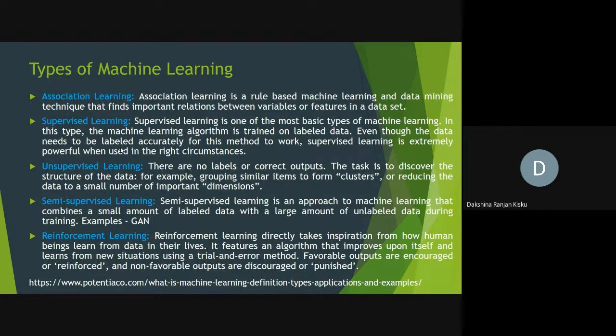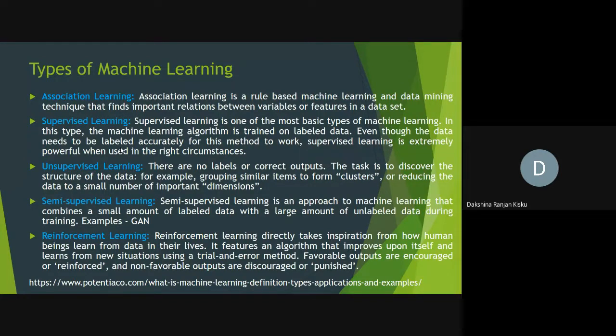Now, what is a semi-supervised learning algorithm? It basically combines a small amount of labeled data with a large amount of unlabeled data. That is why it is semi-supervised learning. Such an arrangement of labeled data with a large amount of unlabeled data can be found in a deep learning algorithm like the generative adversarial network.